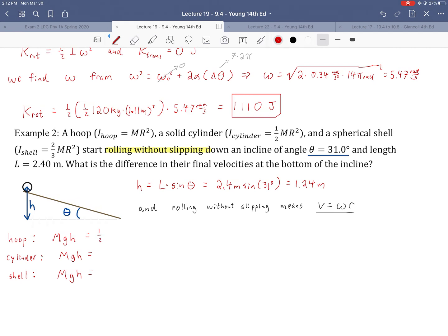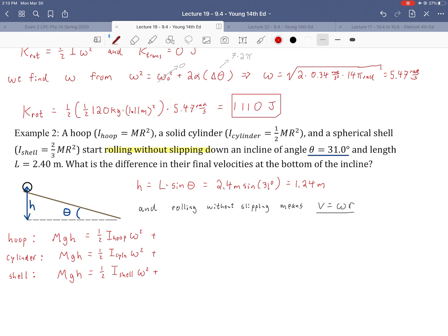All right? And so then we got 1/2 I hoop omega squared, 1/2 I cylinder omega squared, 1/2 I shell omega squared, but that's not all.